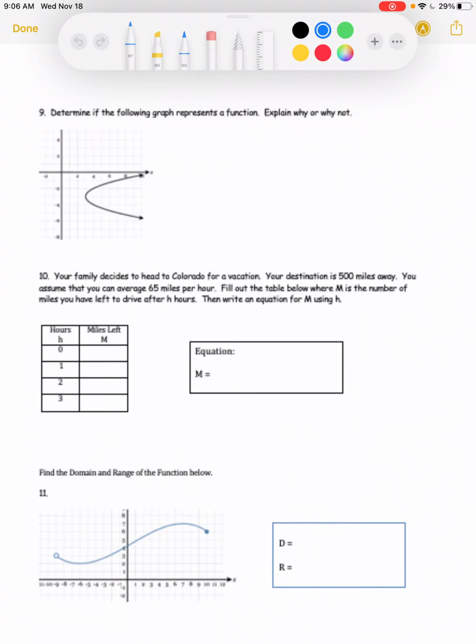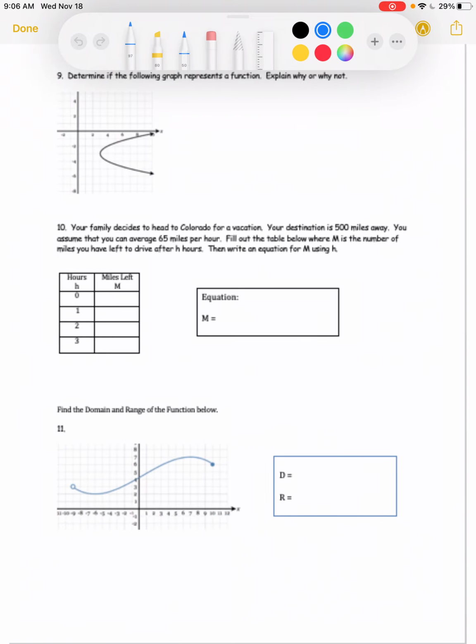All right, so determine if this graph represents a function. Why or why not? Well, vertical line test, right? If I draw a vertical line through this graph, it's going to hit the graph twice. So not a function. And then the part we had trouble with on the quiz was the explanation.